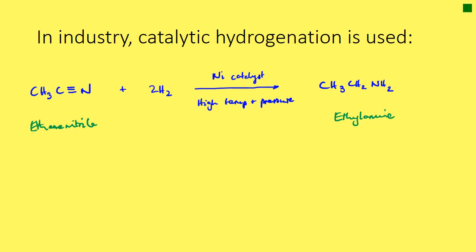So you'll need to be aware of both of those reactions to produce your primary aliphatic amine, in this case ethylamine. I will just write those names down for you if you like.